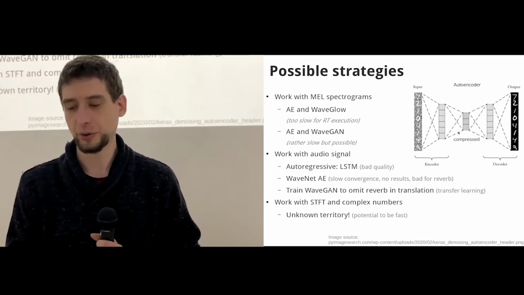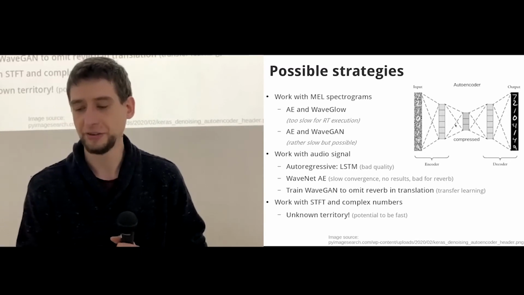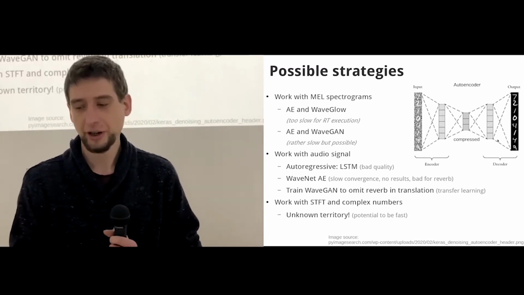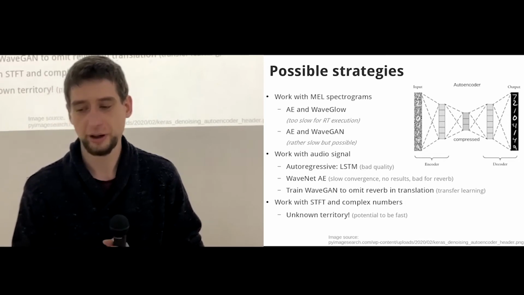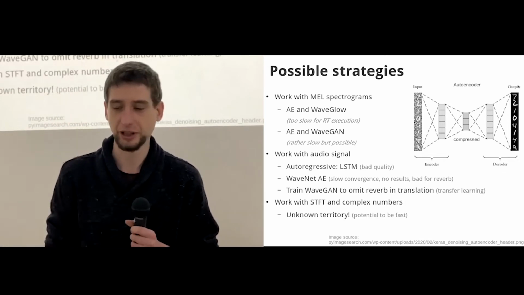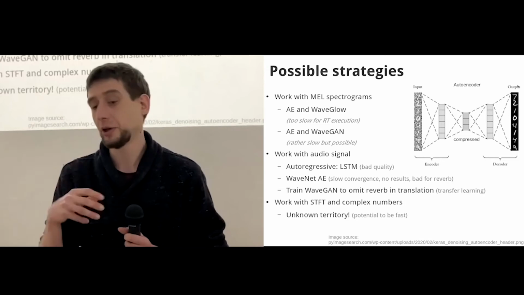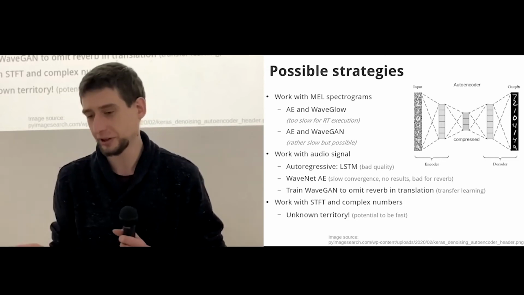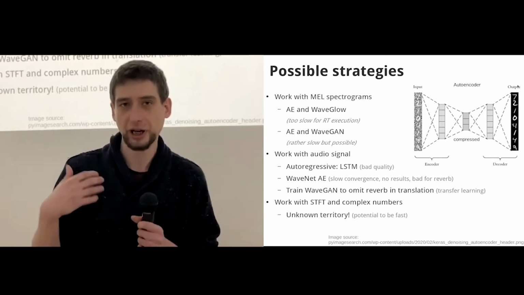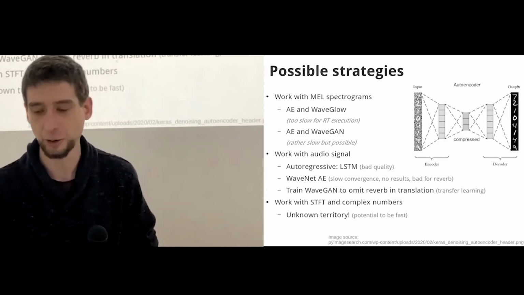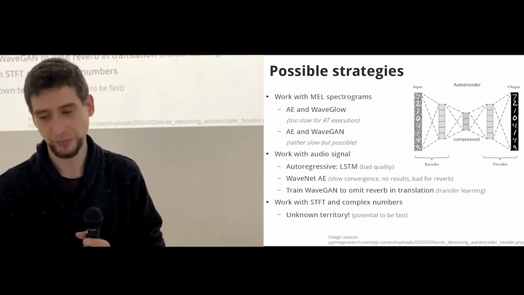Then this compressed information will be decoded by a decoder to something that should be essentially the same or very similar to what we inputted, but without noise, maybe, if we train the network to do it. In our case, we would like to have the output signal without reverb.